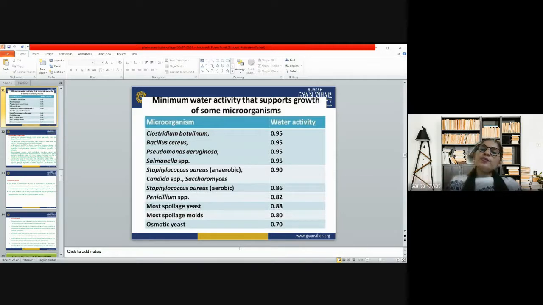This is the minimum water activity that supports the growth of each microorganism.